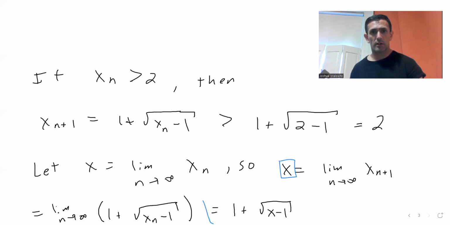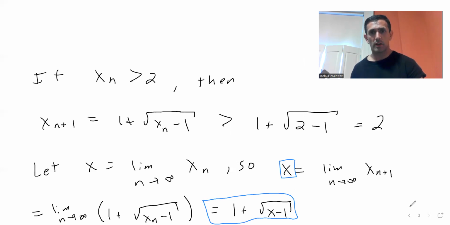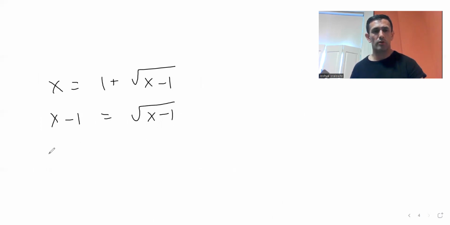So x equals 1 plus square root of x minus 1. That's what we have proved. How does that help us? x minus 1 is square root of x minus 1. Square both sides: x squared minus 2x plus 1 is x minus 1.